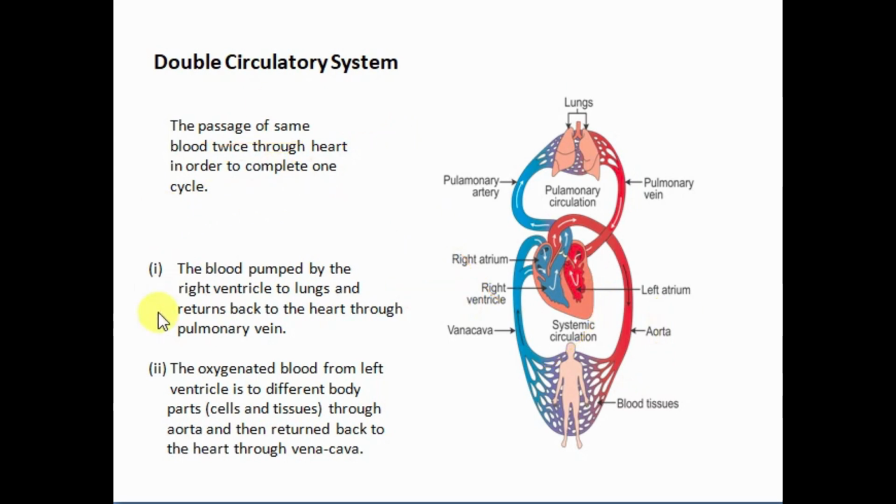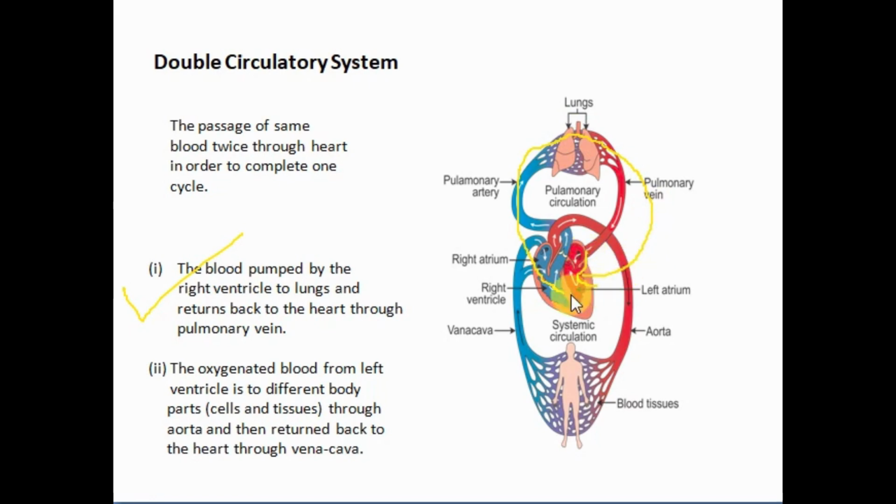So first we have this. Here what happens is the blood is pumped from the right ventricle to the lungs, then from the lungs it returns back to the heart through the pulmonary veins. So this is one cycle.